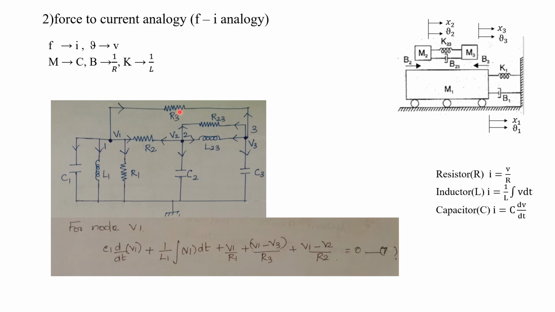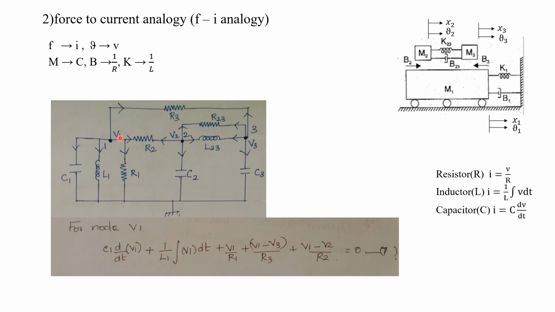While writing the equation for this node 1, we have to assume this direction for resistor R3. This is a higher potential and this is a lower potential. Current always flows from the higher potential to the lower potential. So we have to write this V1 voltage first: V1 minus V3 divided by R3. The next element is R2.